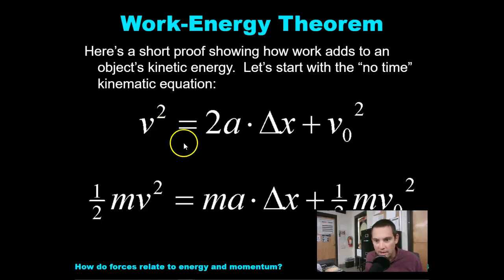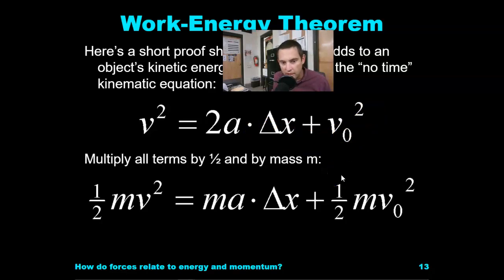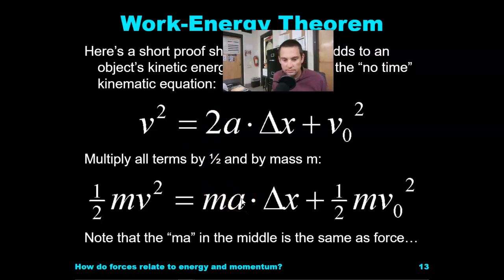So starting with the no-time equation, we have v squared equals 2a times x plus v naught squared. And then if we multiply all the terms by 1/2 m, then we now have 1/2 mv squared on the left. The 2 goes away, and we're left with mass times acceleration. Oh, mass times acceleration!